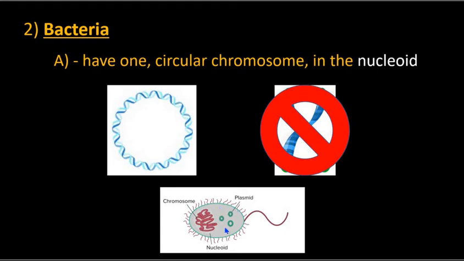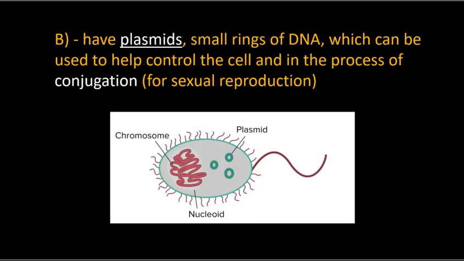Now on this other area over here, you can see these little circles. These are things called plasmids. Okay, those plasmids are also small rings of DNA. Now, they don't overall control the cell like a chromosome does, but they do help control what's happening in the cell, and also they can be used in the process of conjugation, which is a relatively rare process of sexual reproduction.